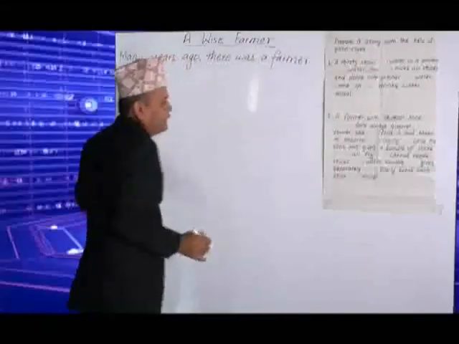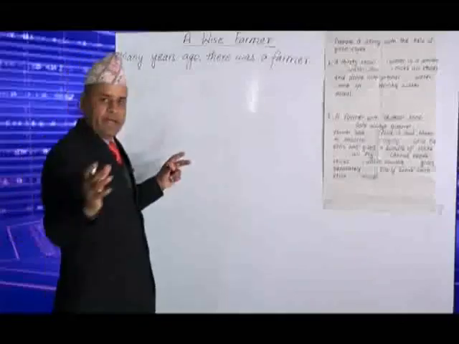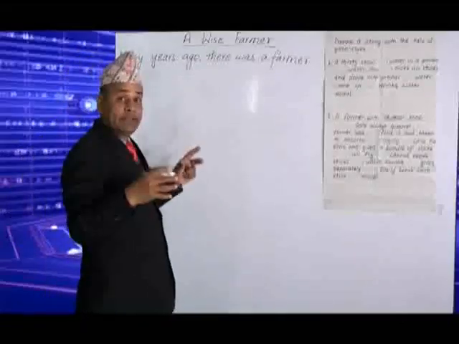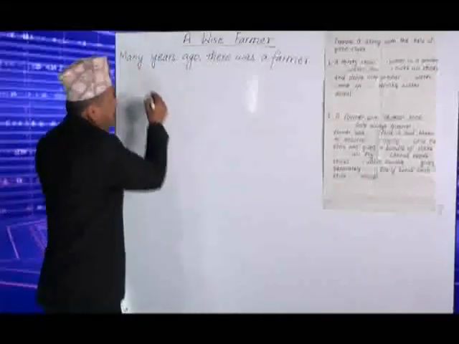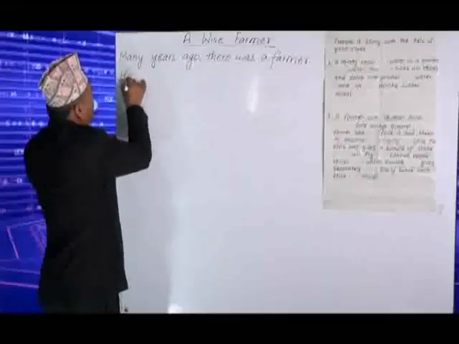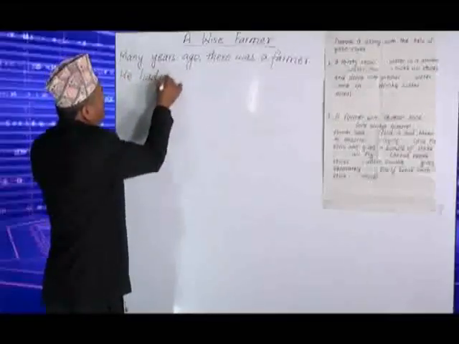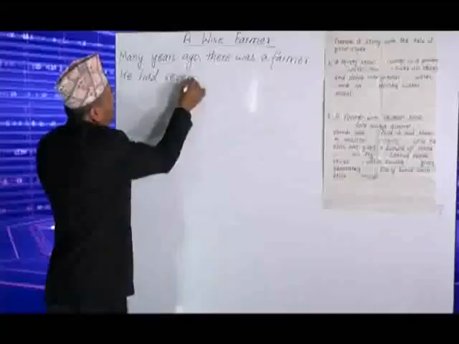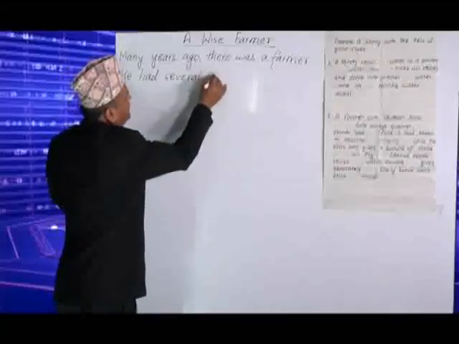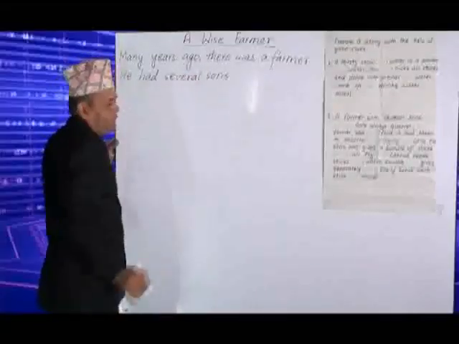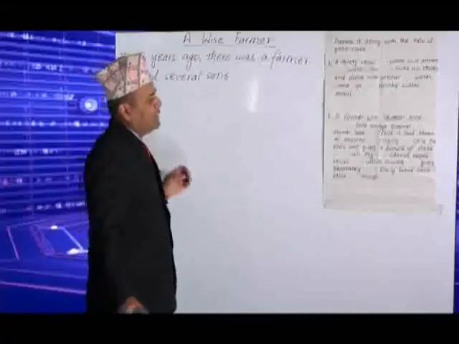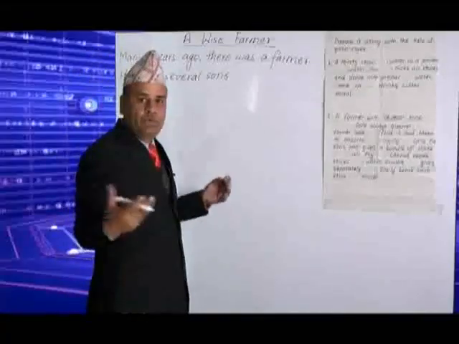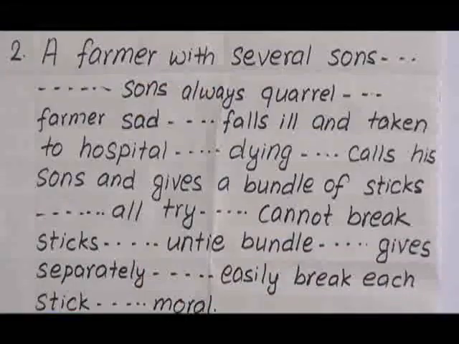We are going to complete the story, right? So the farmer had several sons. The farmer had several sons, and what happened? They used to quarrel all the time, right?